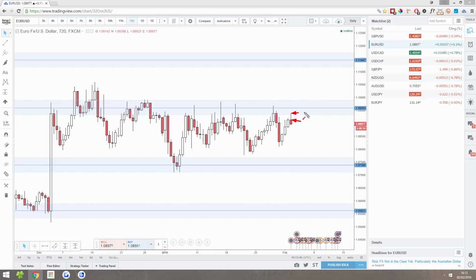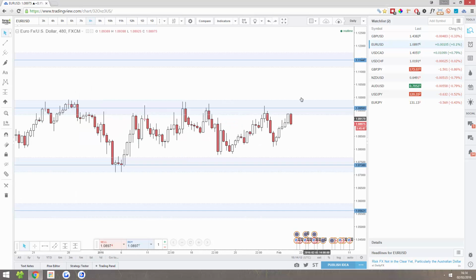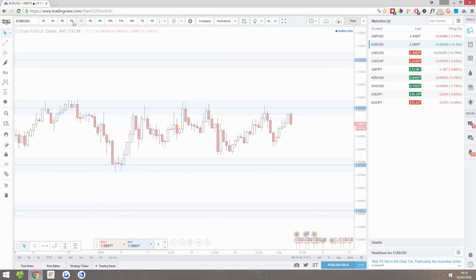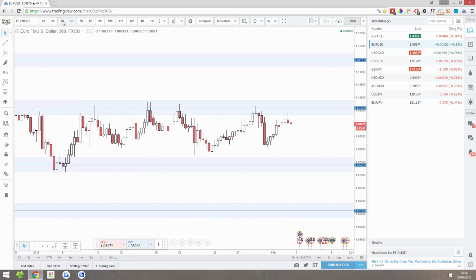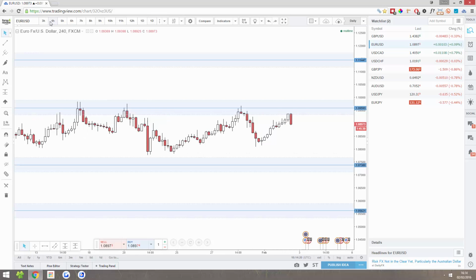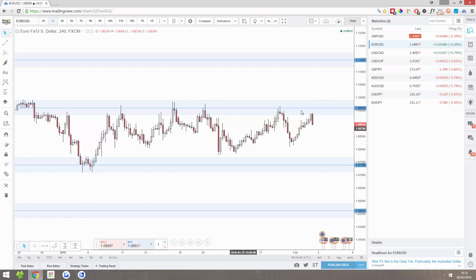It looks slightly different, and it can make it harder to understand what price is actually doing. So that's why I look at so many different time frames. When you look at different time frames, you get a better understanding for what is actually happening in this area. Anyway, let's keep going. Nothing really tradable here on EURUSD.